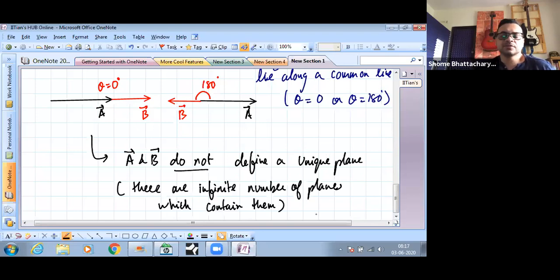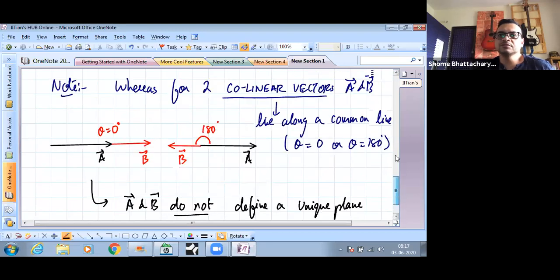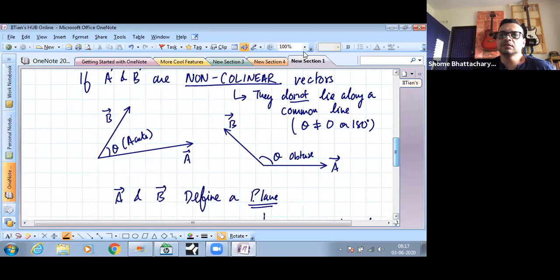Because a line has infinite planes passing through it, but two lines which are not overlapping with each other define a unique plane. Okay.